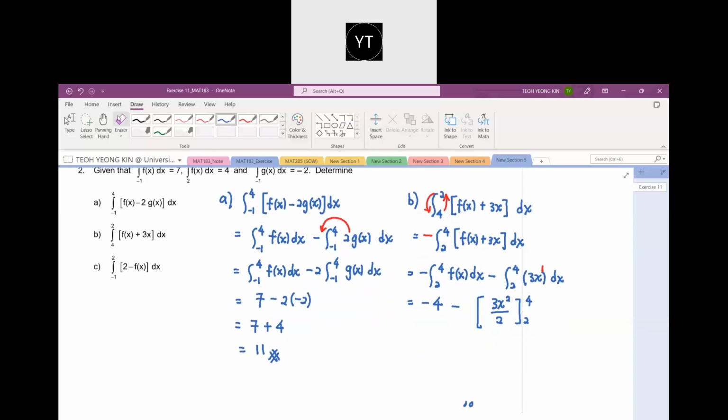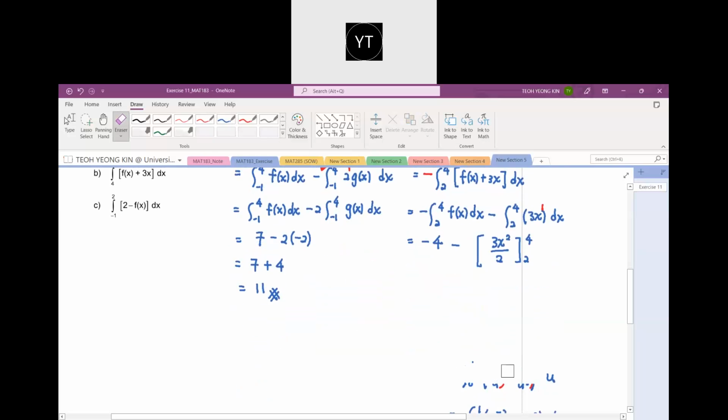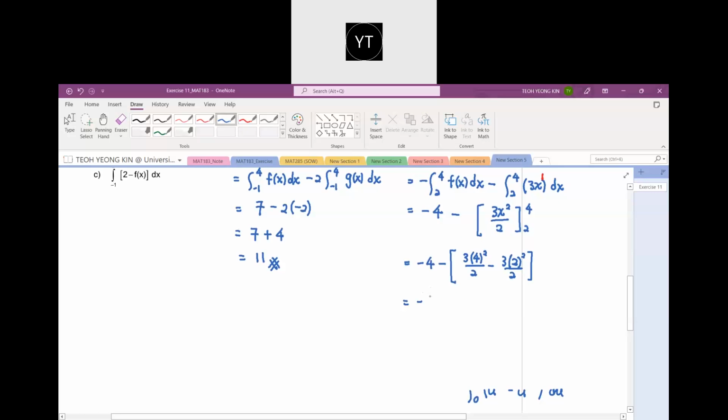So here I should have -4 minus, then we substitute the values: first 3 times 4 squared over 2, minus 3 times 2 squared over 2.